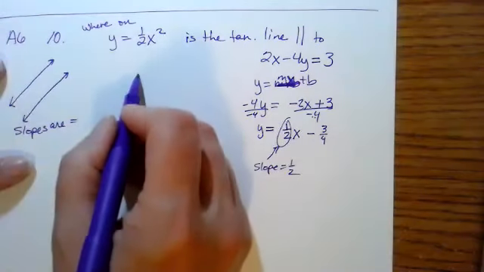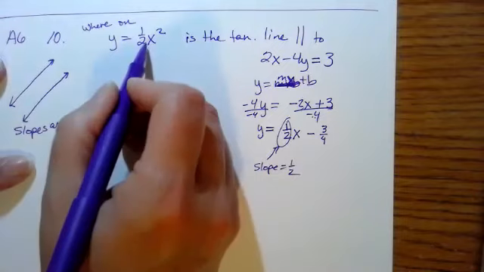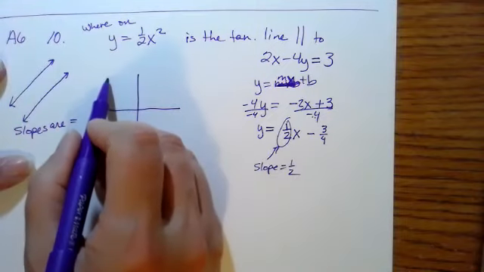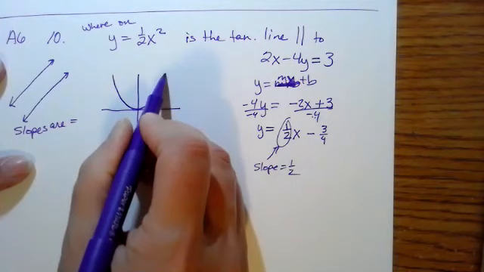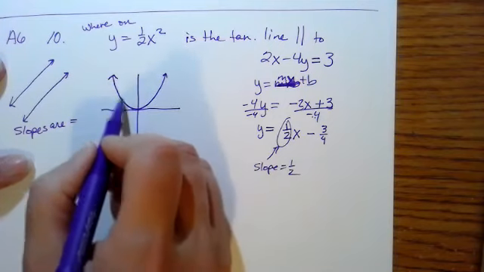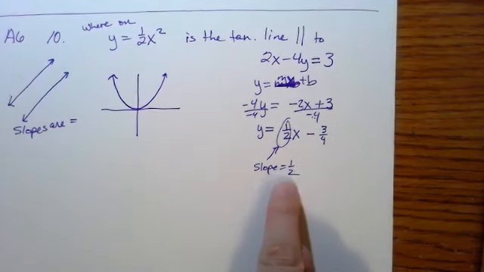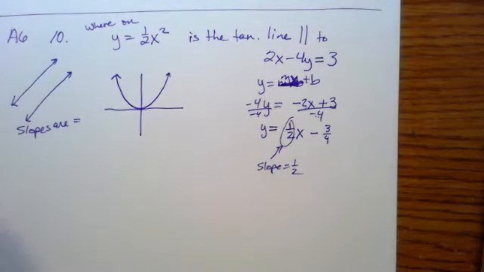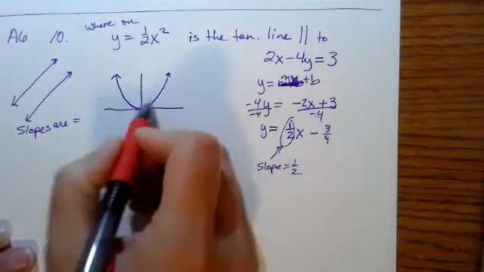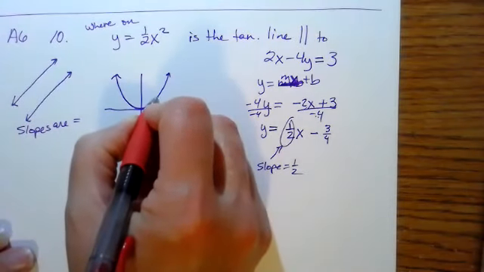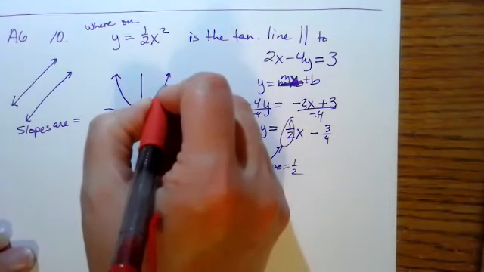So where on this parabola, and I'm graphing it only because I know quickly what that is. I really don't need to, but that's like a parabola like this. Where on this parabola is our slope going to match that 1/2? Because again, the slopes need to be equal. So I need a slope on the parabola that equals 1/2. Somewhere over here.